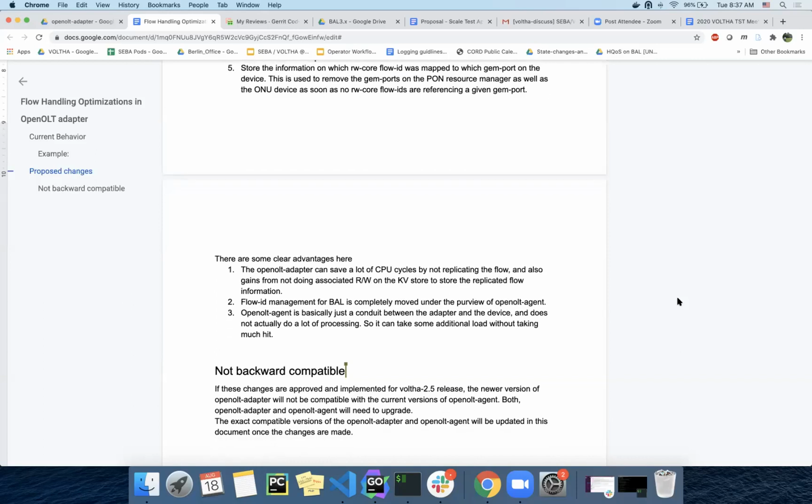In the agent, because you're not going to go anywhere, it's just in memory, the critical section would be much smaller, and the time for which you hold the lock would be lesser. That is the idea, right? That by minimizing that, we will be able to speed up things. Yes, and also the adapter is doing a lot of reads and writes to etcd, doing a lot of persistence. So that is also taking a lot of CPU cycles, and the agent does not do any such thing as of today.